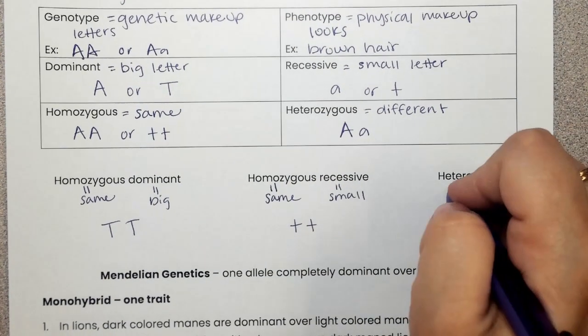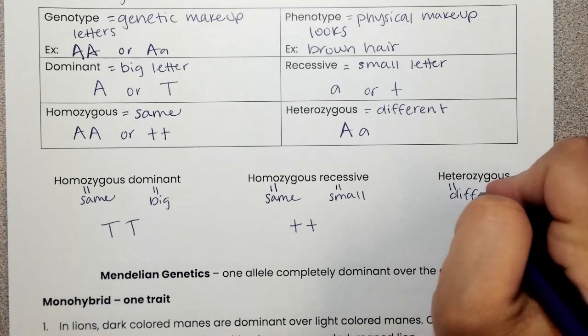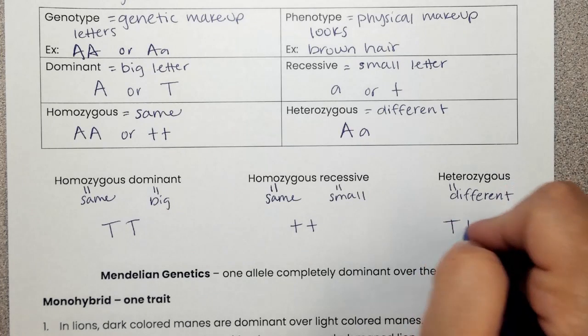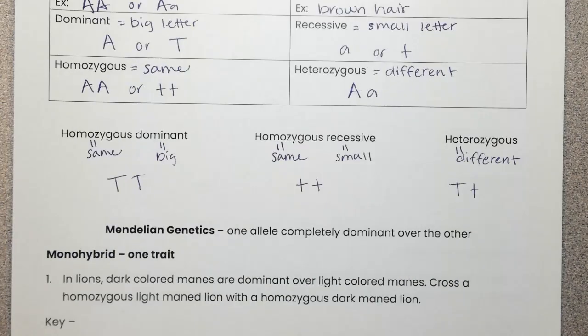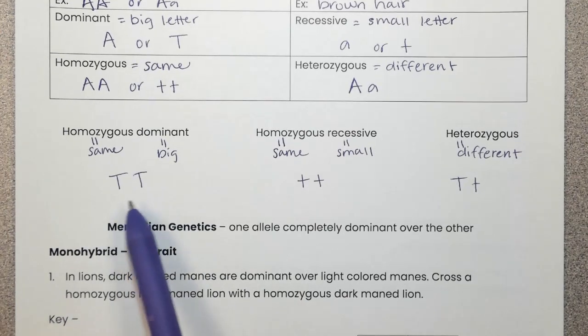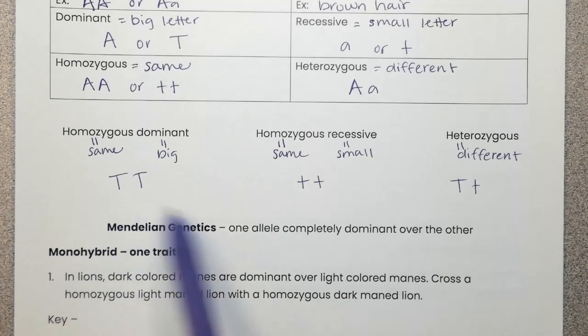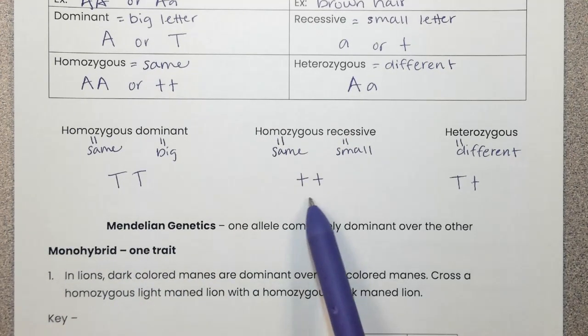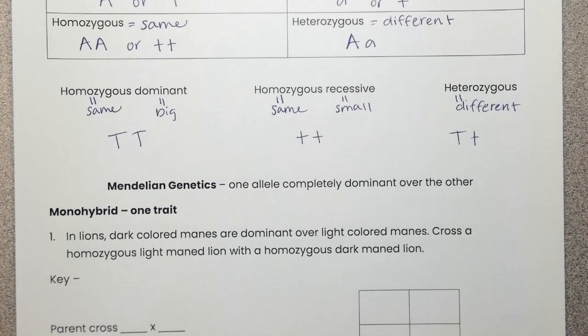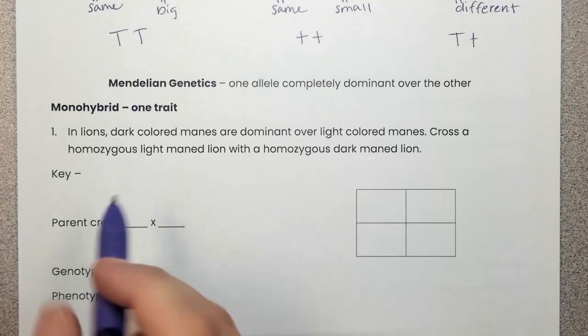And then again, hetero means different, so we're going to have 1 big and 1 small. So big T, little t. So homozygous dominant will always have 2 big letters. It doesn't have to be the letter T, it could be any letter, but 2 big. Homozygous recessive will always be 2 small letters, and then hetero will always have 1 big, 1 small, or 2 different ones.